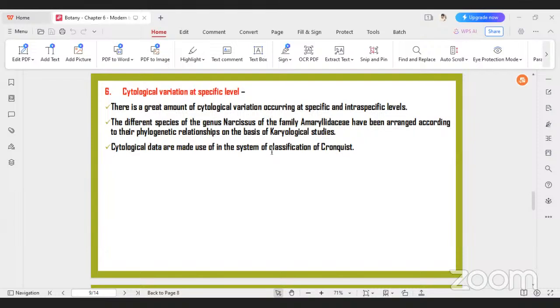Cytological data are used in the system of classification of Cronquist. In Cronquist's classification, cytological data are mainly taken into consideration.